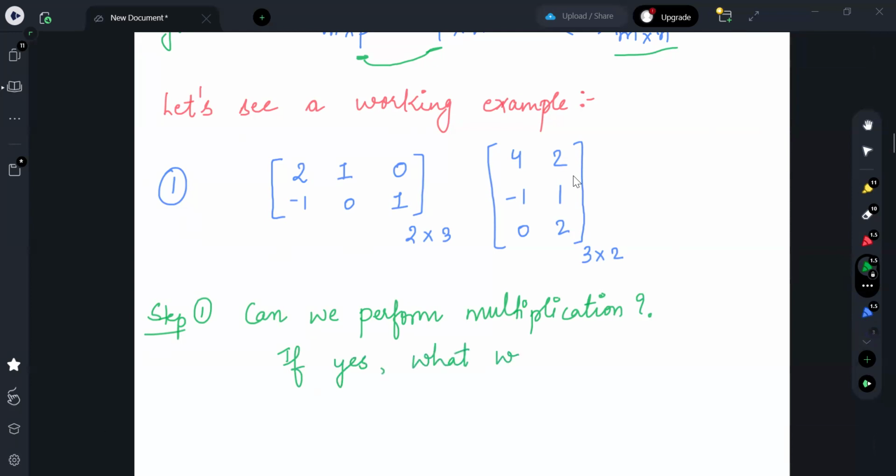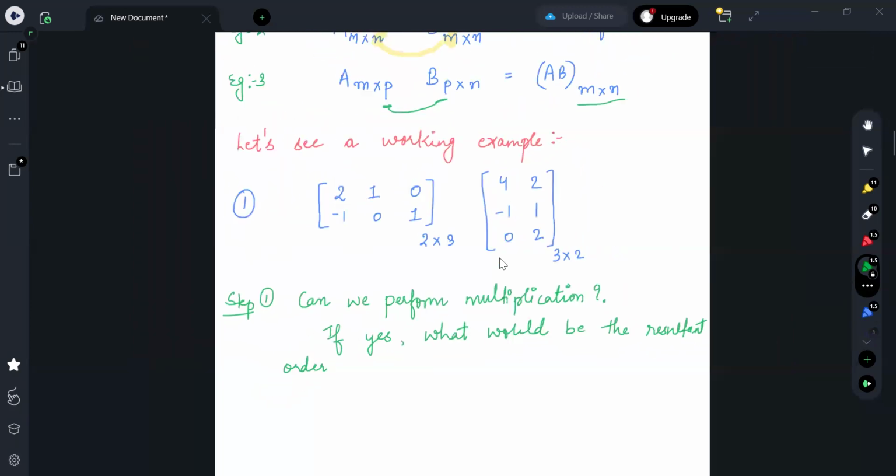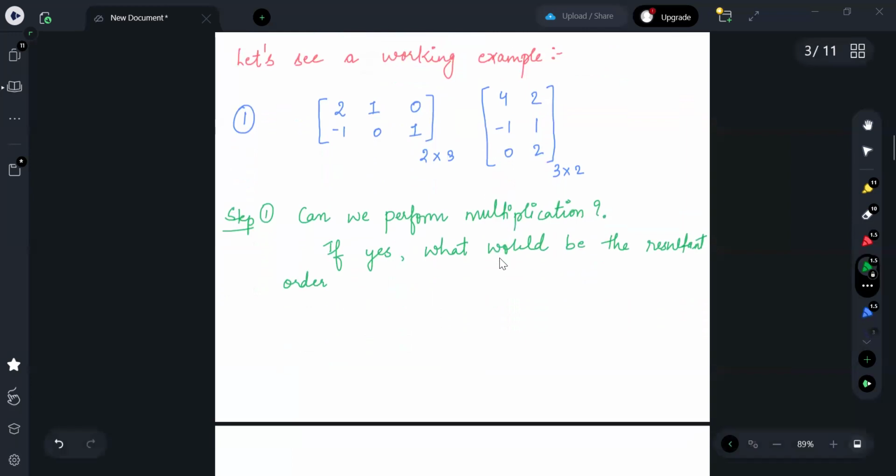In this case, I can perform the matrix multiplication because the 3 will get dissolved, right? The number of columns here and the number of rows here, they match, so they'll get dissolved, and the resultant matrix will be of size 2 by 2, right? Now you move on to step 2. The resultant matrix would be of size 2 by 2.